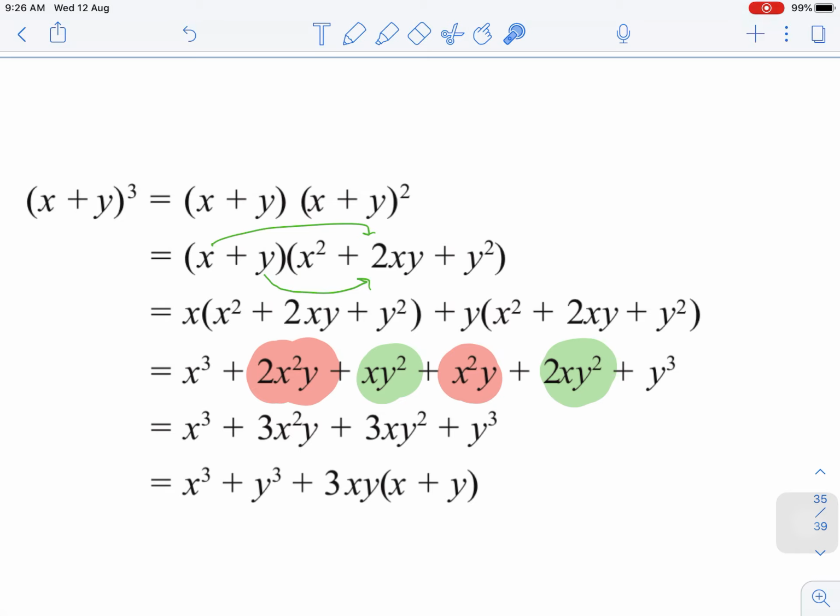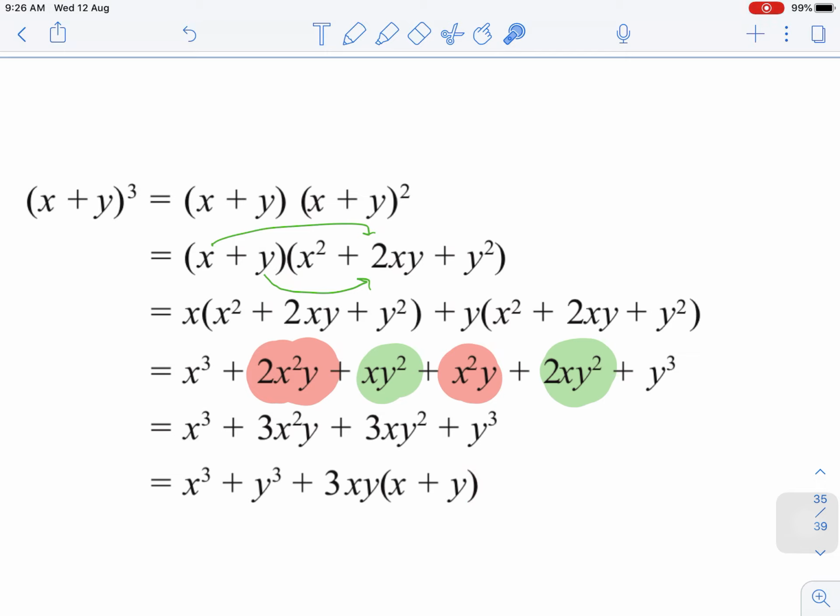Now this formula can be easily written in this way. From these two terms, 3xy is present here and 3xy is present here, so we can take that 3xy out of the bracket. Now 2x were there, so 1 we have removed, so 1 will remain inside. Here 2 y's were there, so 1 we have removed, so there will be 1 inside.